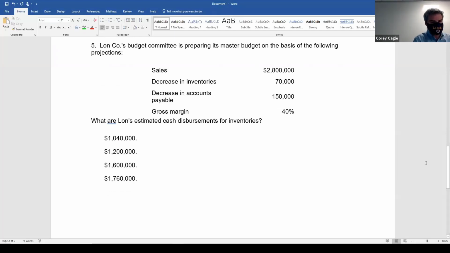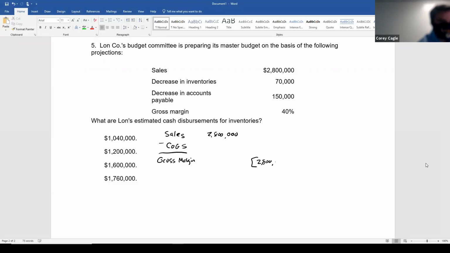So here's what I immediately know. I know that sales is $2.8 million. I know that we subtract cost of goods sold to get gross margin, also known as gross profit, and they tell me that gross margin is 40% of sales, which means cost of goods sold is the other 60% of sales.